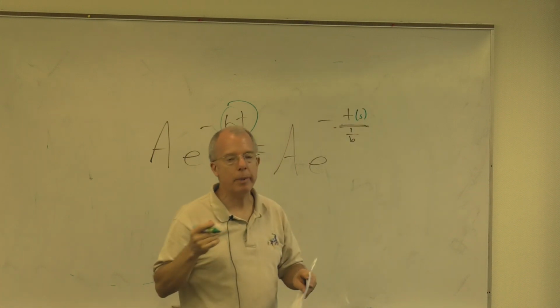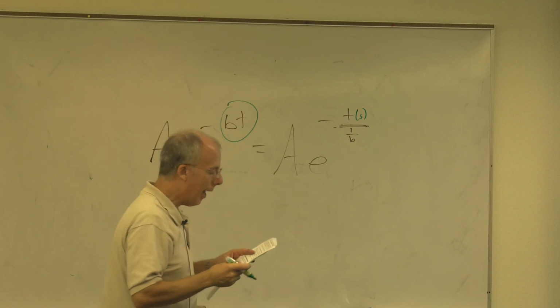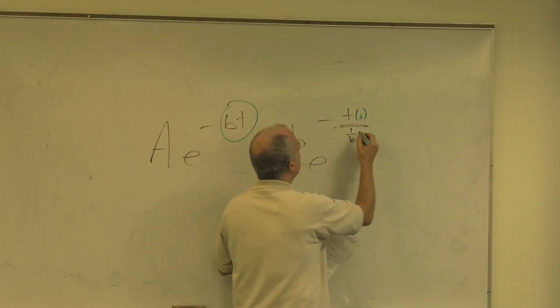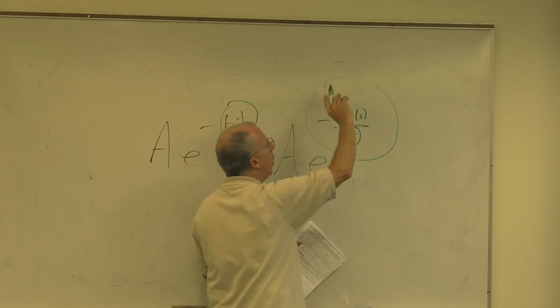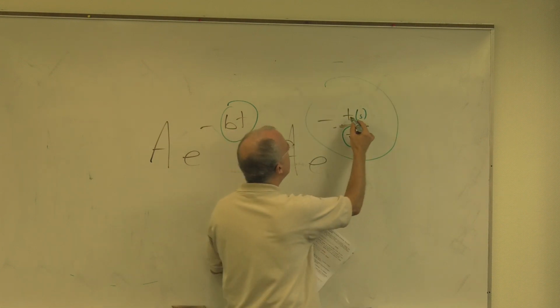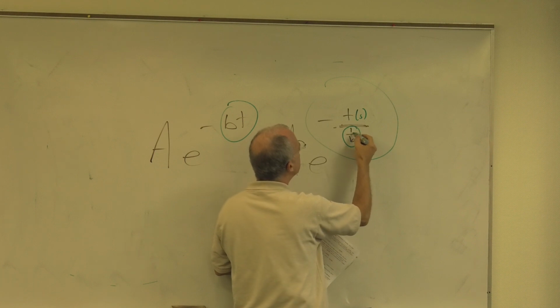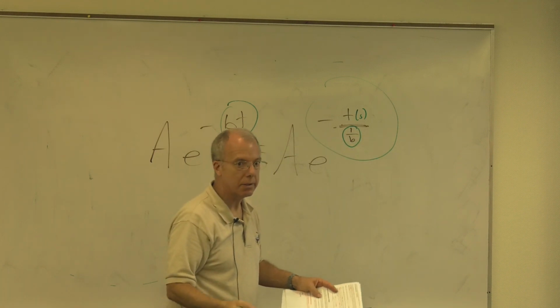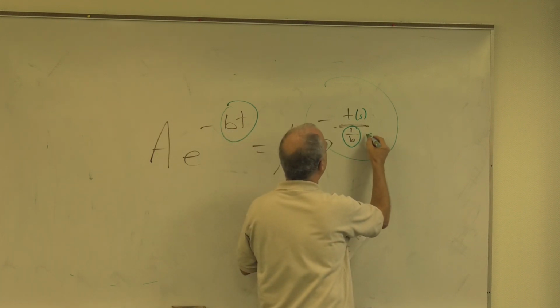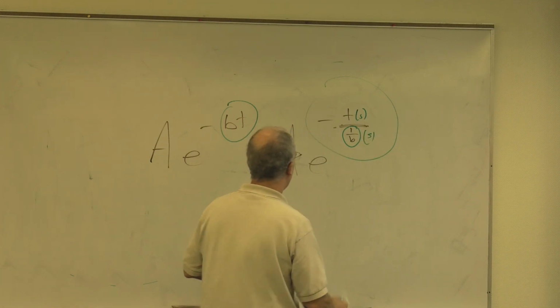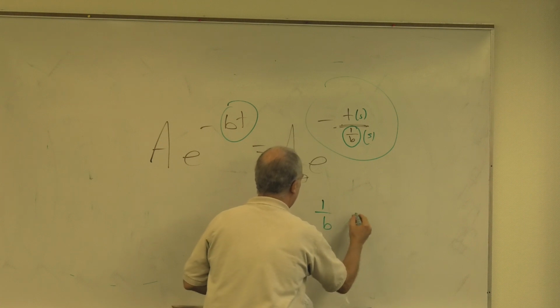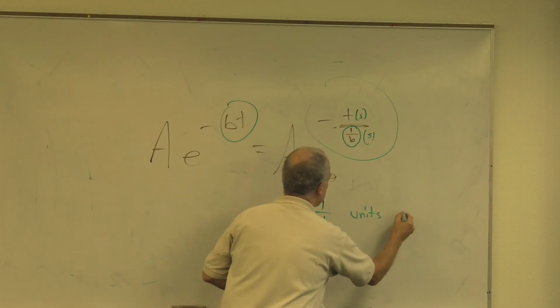So what has to be the units of the whole thing? The whole thing has no units. T has units of seconds, so the units of 1 over b have to be seconds, because seconds over seconds has no units. So 1 over b has units of seconds.